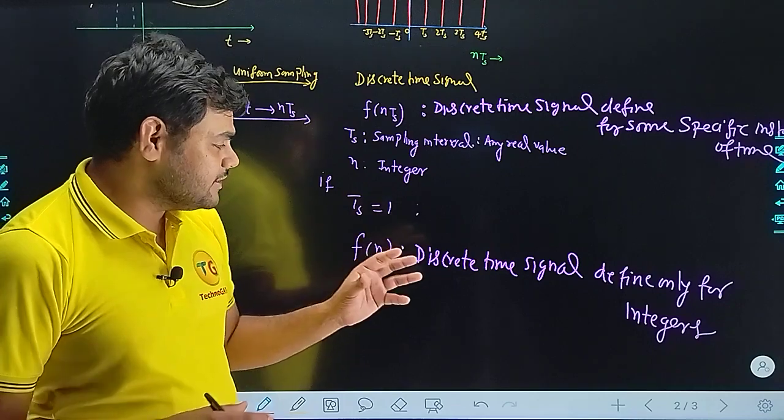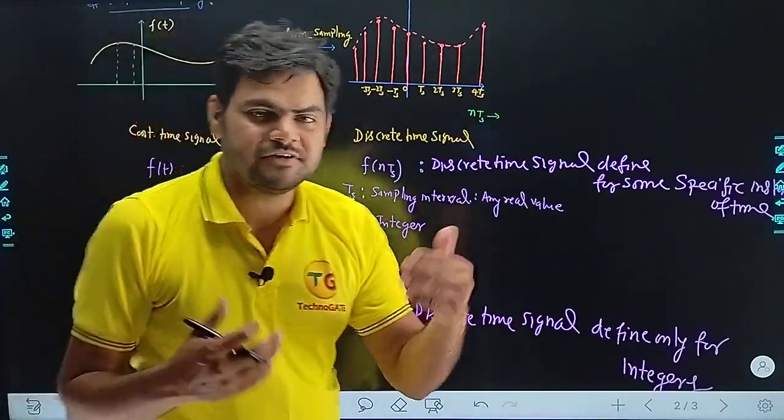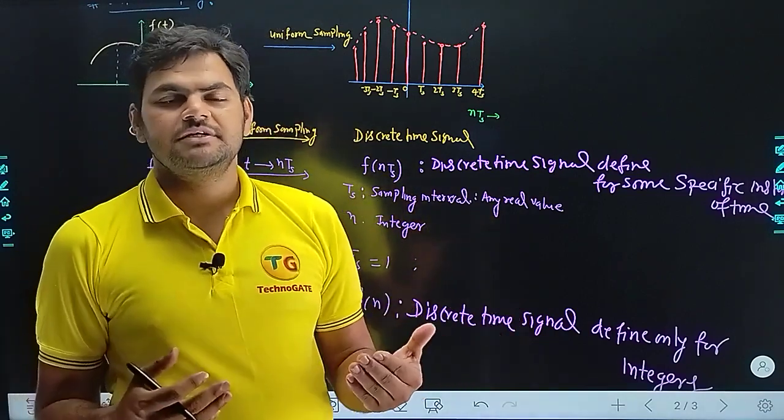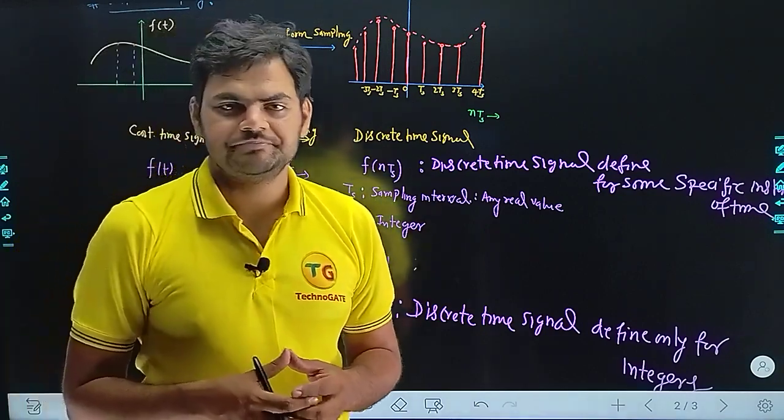If someone says to you discrete time signal defined for some specific instants of time, not defined for the remaining instants of time, that means they are talking about a general form of the discrete time signal.